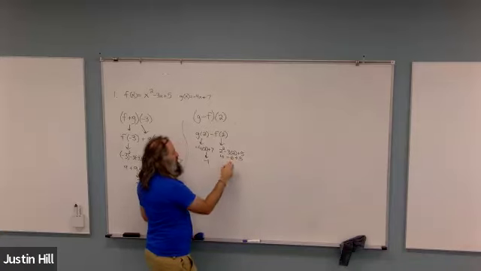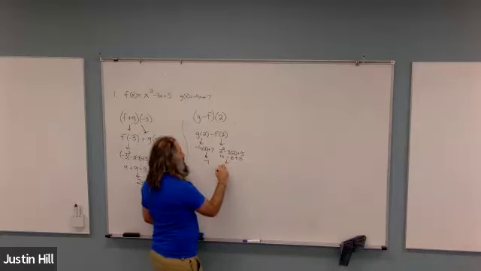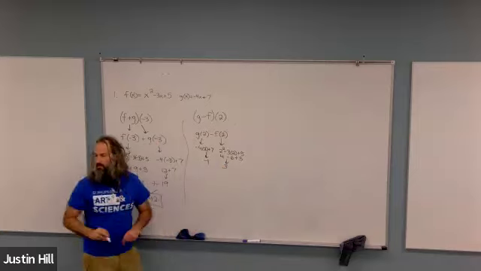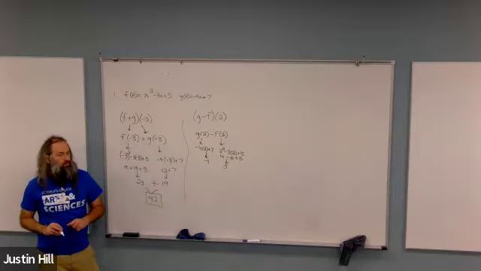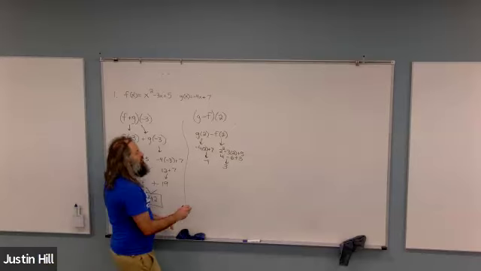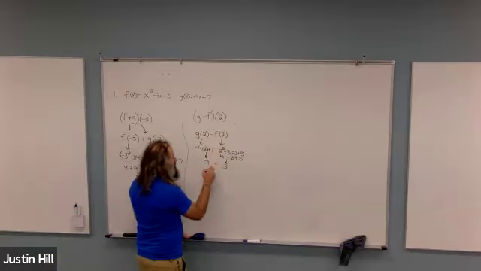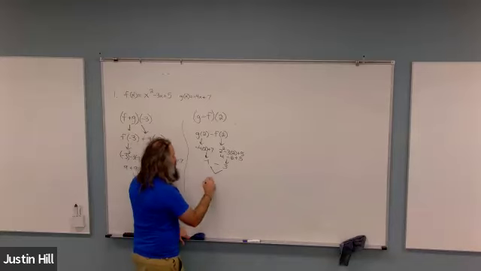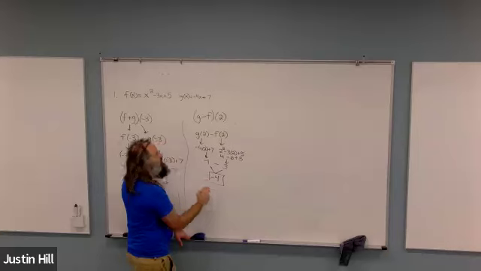So this should be negative 2 plus 5, which is 3. And then we want to subtract those, so negative 1 minus 3. And what does that get you?